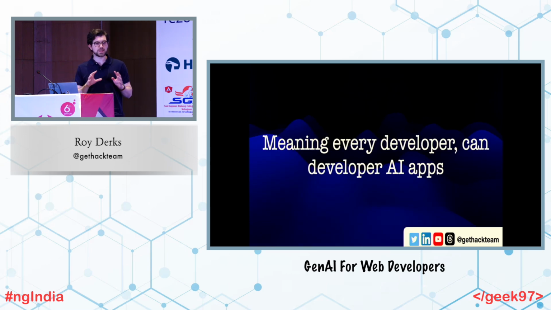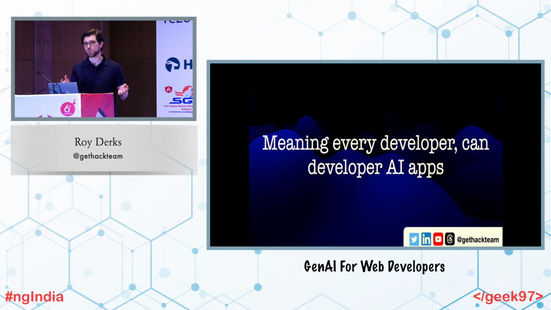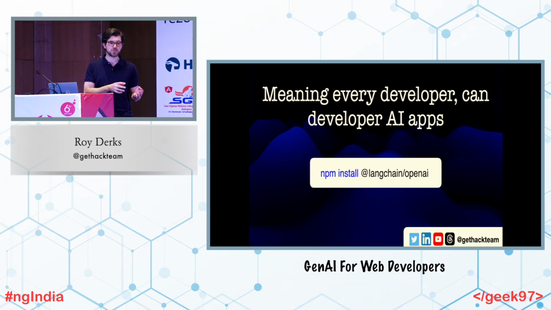So this means that every developer in the audience today is able to develop AI applications. You might not know exactly what's the math behind what the LLMs are doing, but you're able to develop applications, and while doing so, you're going to learn a lot of things. And the only thing you really need to do is, in whatever type of application you're building, or maybe you're building an API in JavaScript, you can install LangChain just from npm.